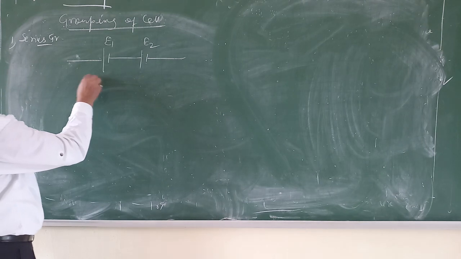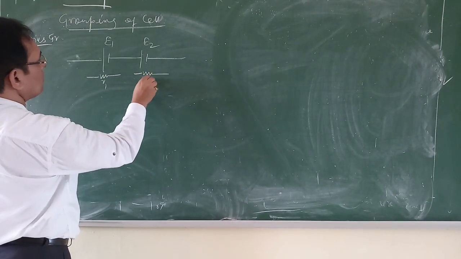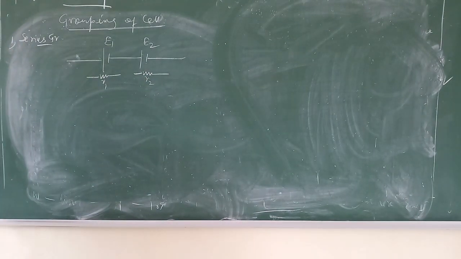and the internal resistance of this cell be R1, and the internal resistance of the other cell be R2.